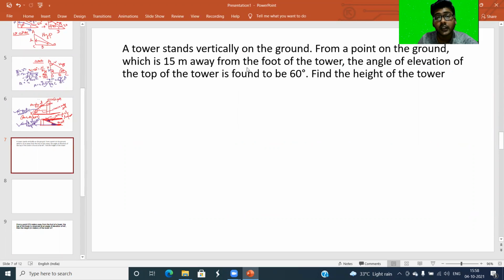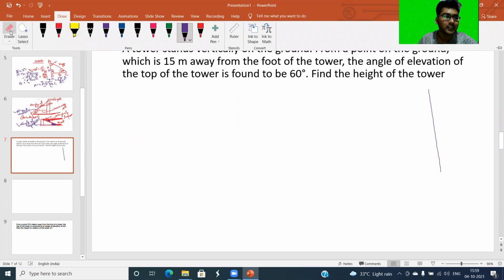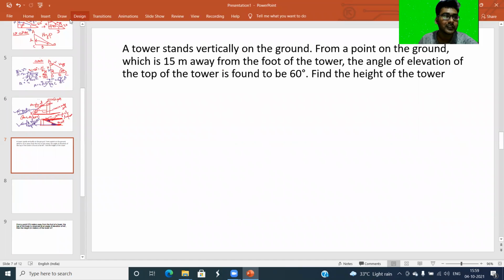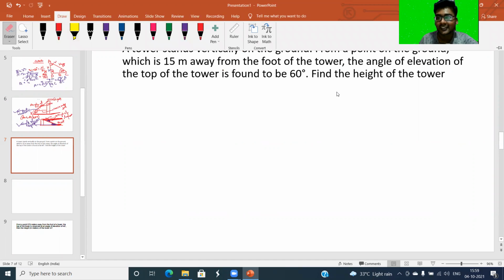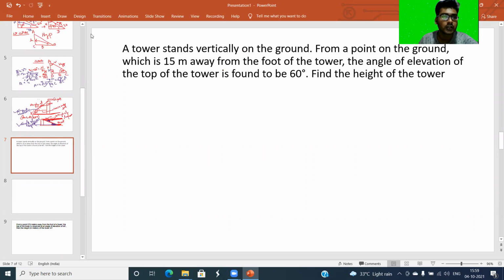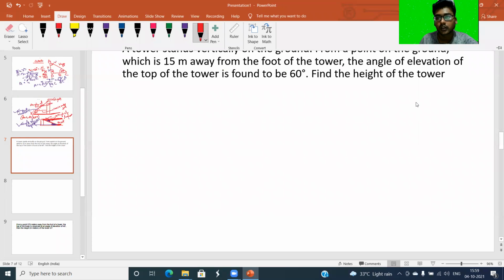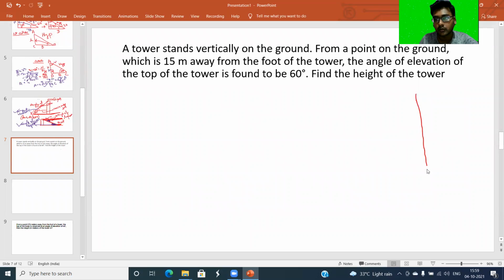A tower stands vertically on the ground, from a point on the ground which is 15 meter away from the foot of the tower.